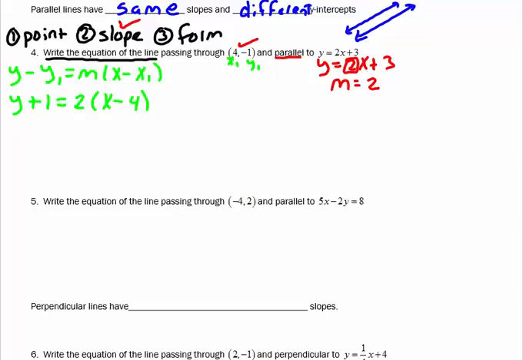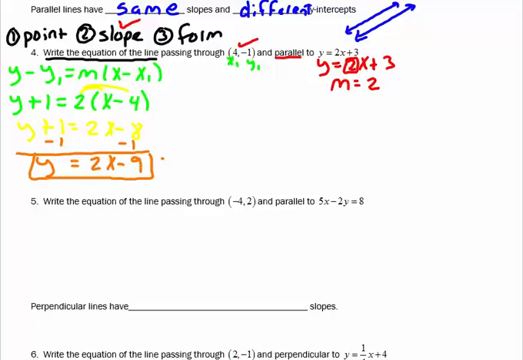I'll just go ahead and put it in slope-intercept form and we'll stop there. Distributing the 2, I get y plus 1 equals 2x minus 8. I'm going to subtract over the 1 to get the y by itself. So y is going to equal 2x minus 9. And that is slope-intercept form.